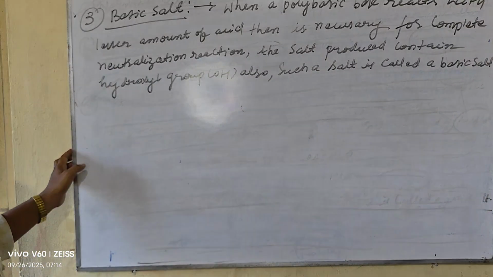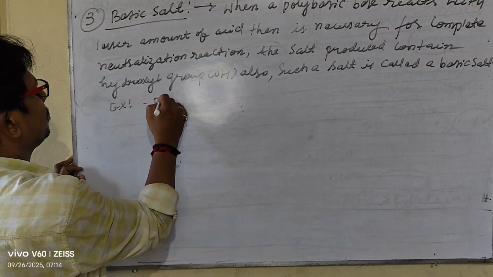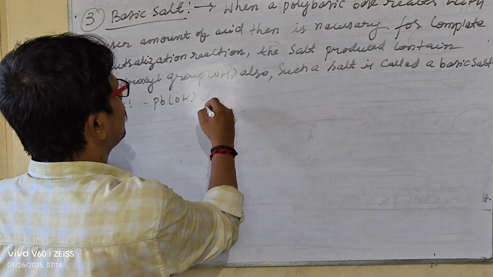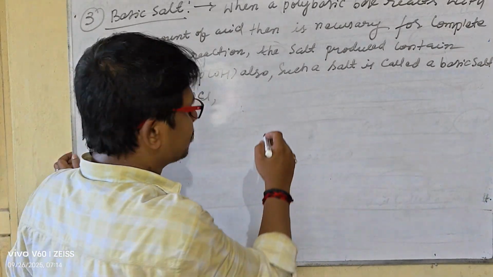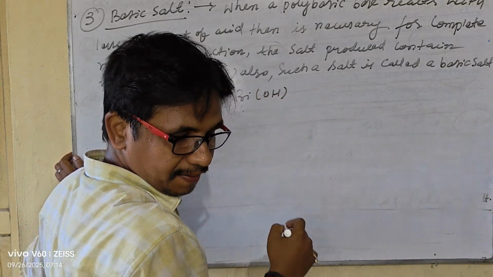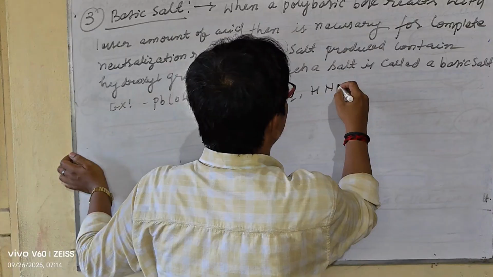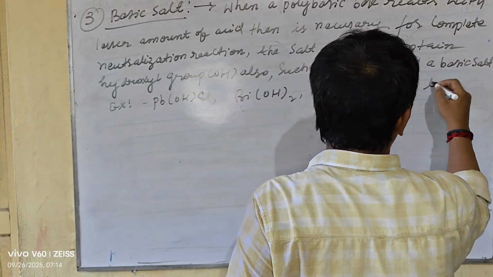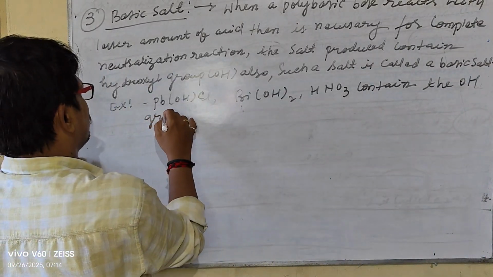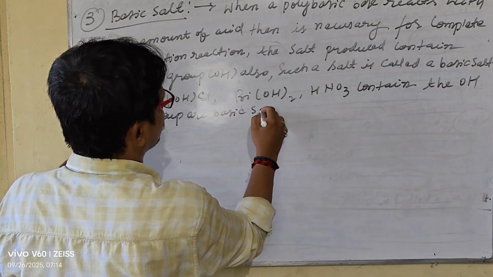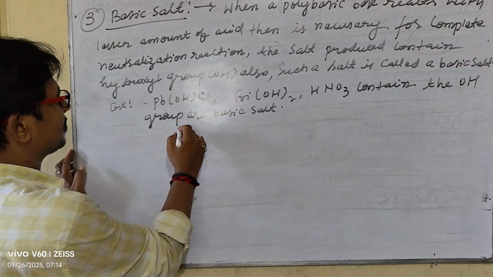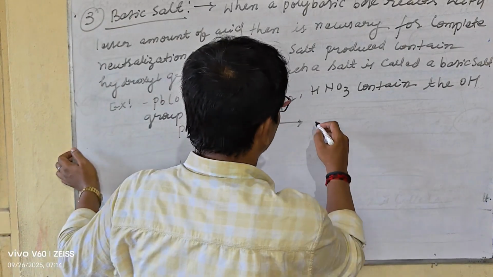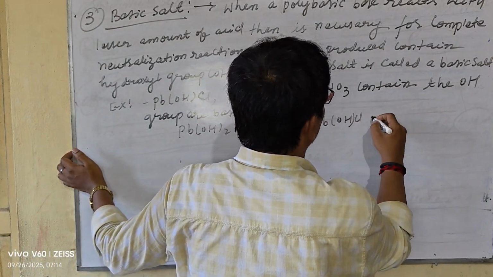So my dear students, PbOHCl and Bi(OH)2NO3, which contain the OH group, are basic salts. Like Pb(OH)2 plus HCl reacts to give Pb(OH)Cl plus H2O.